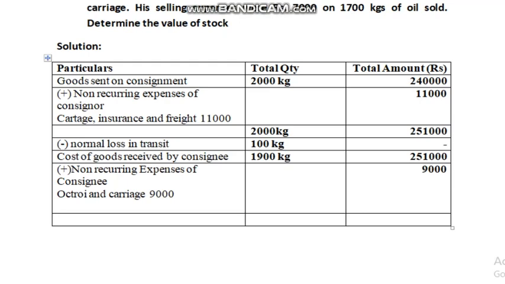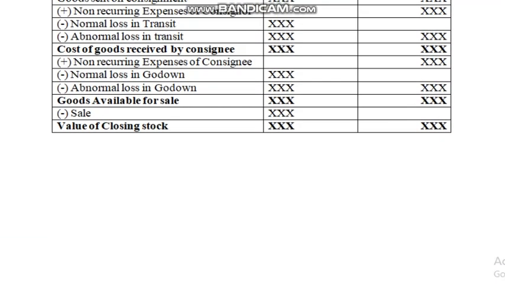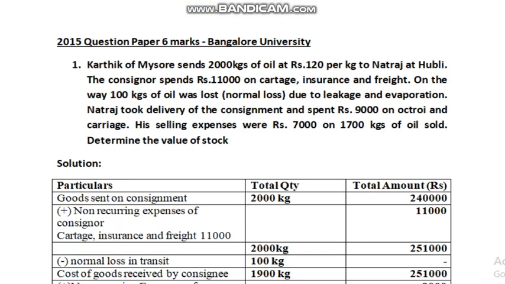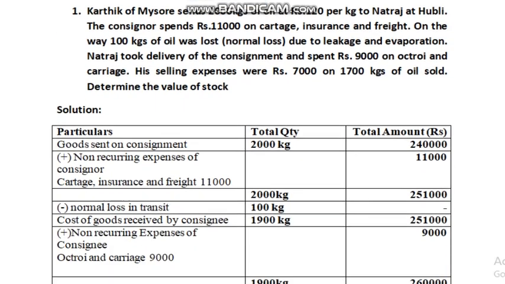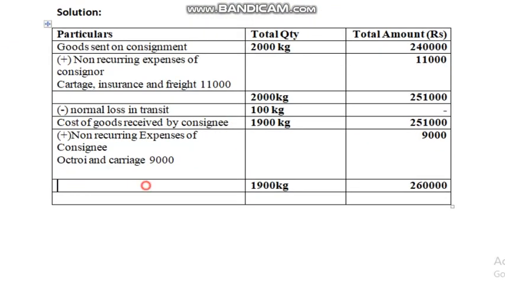You will get 1,900 kg and 2,51,000 plus 9,000, that is 2,60,000. Now deduct normal loss and abnormal loss in godown. In this problem, there is no loss occurred in godown, so ignore this information. Then you will get goods available for sale.